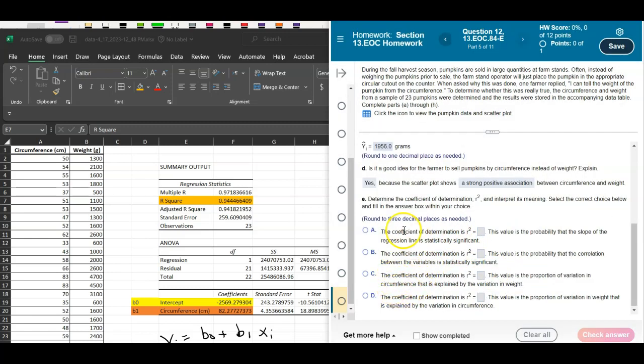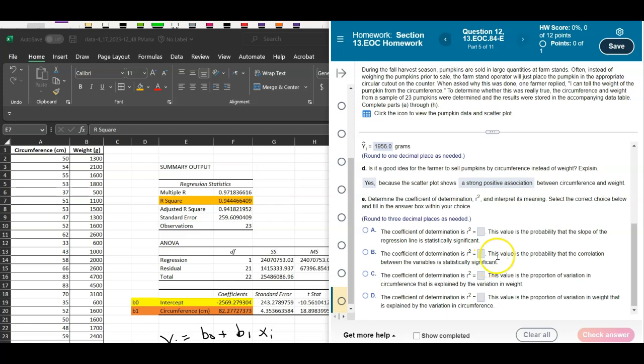Now they are asking about the r squared and what the definition of the r squared is. So the r squared, again, if the value is 0.9444, that is the percentage of the y's explained by the x's.